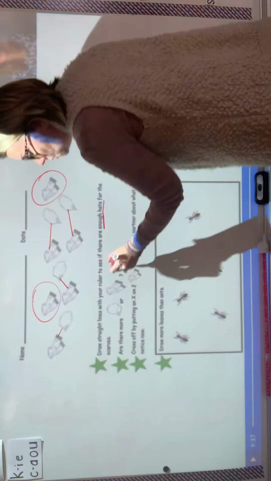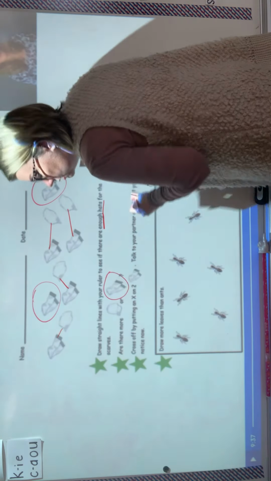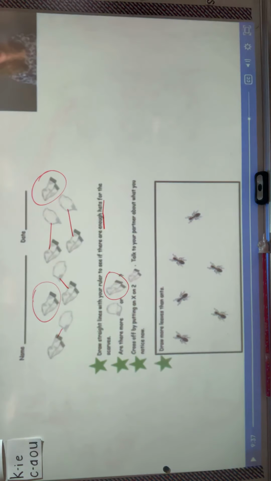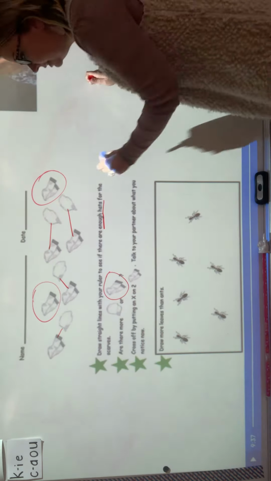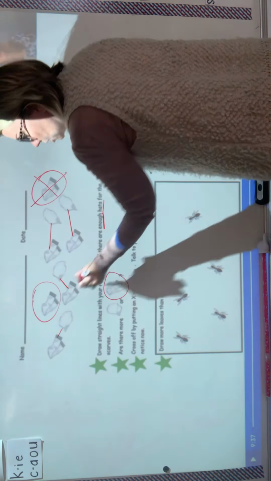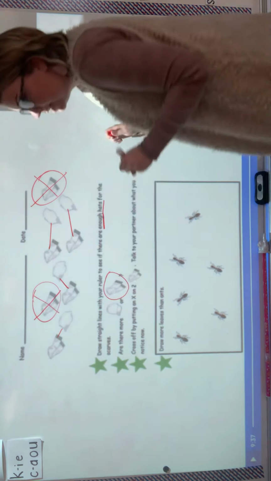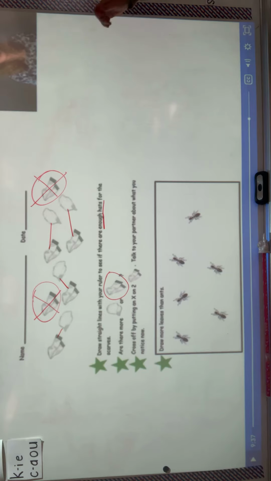So I know that there are more scarves. Okay, cross off by putting an X on the scarf, because we noticed that there are 2 extra. We've already kind of talked about that, but that's okay. We can put an X on it to show the 2 extra that don't have a match.